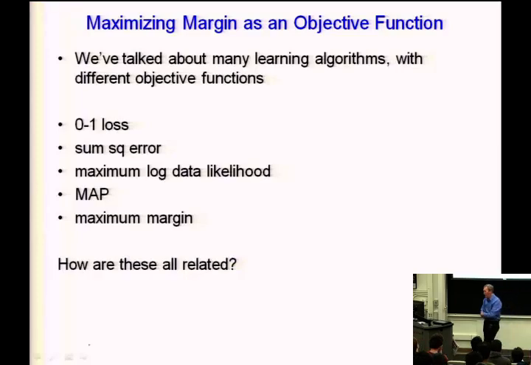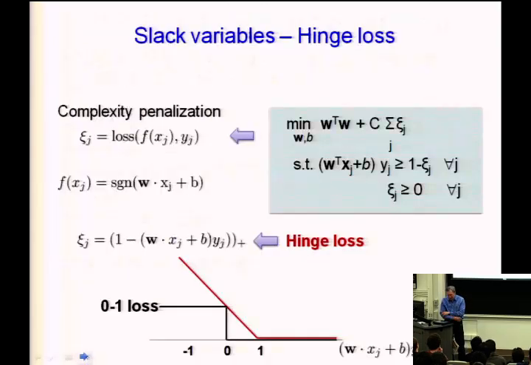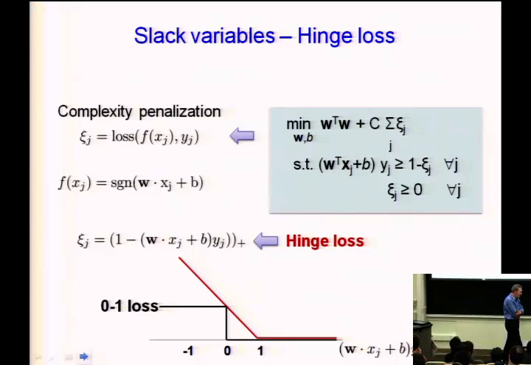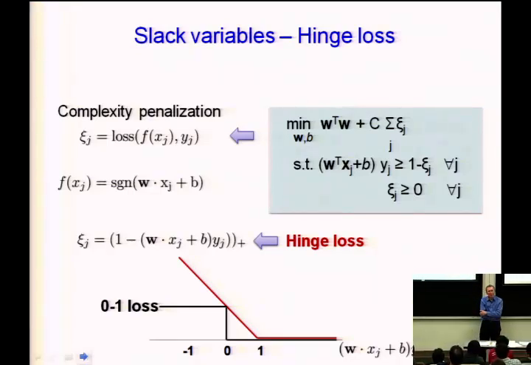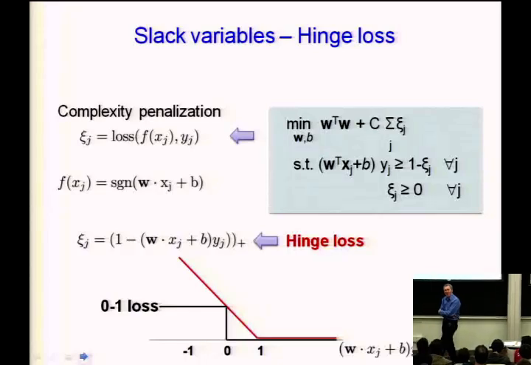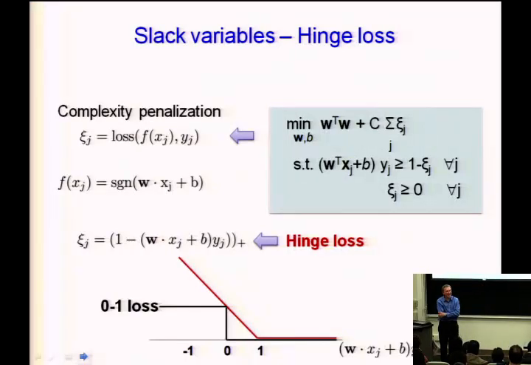I had wondered about that for a while, and then I ran across this nice result, which is also in our textbook, in the chapter of the required reading, looking at the objective function for support vector machines and how it relates to the objective we're maximizing for logistic regression.